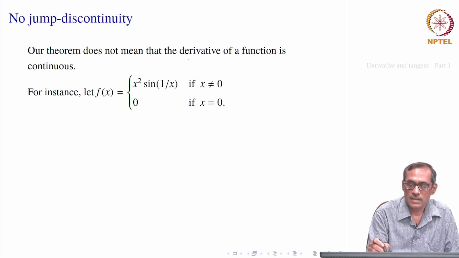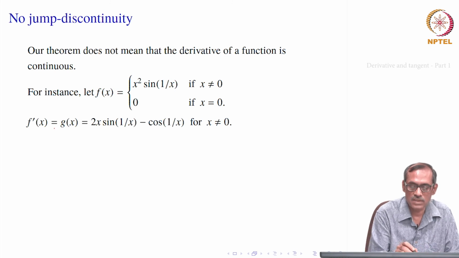We have seen this earlier: because of x square, that dominates, and it gives rise to 0 and the functional value is 0. So, we will show that it is differentiable, but then what about the derivative, the new function?